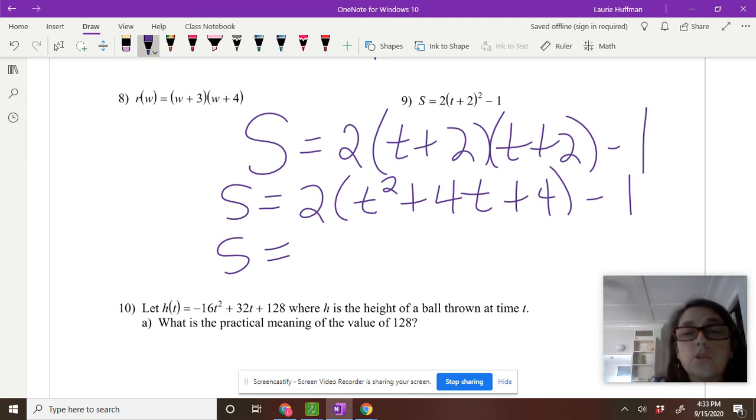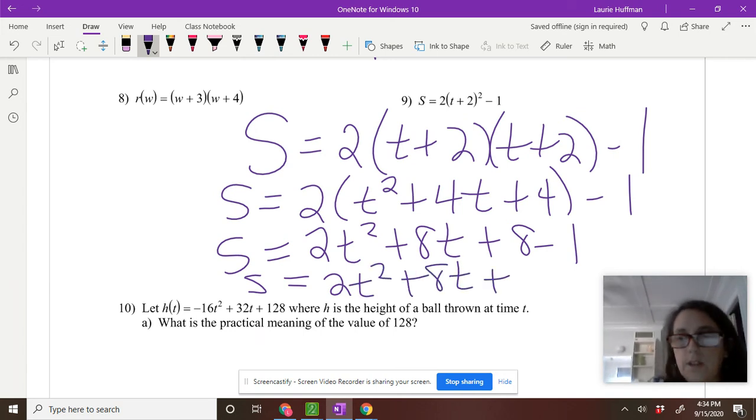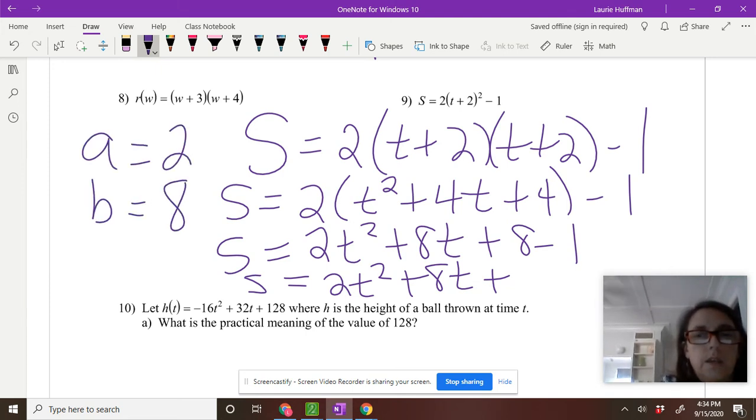Now I'm going to distribute the 2, so exponents, parentheses, exponents, multiplication. So 2t squared plus 8t plus 8 minus 1. And then now combine like terms. 2t squared plus 8t plus 7. So A is 2, B is 8, and C is 7.